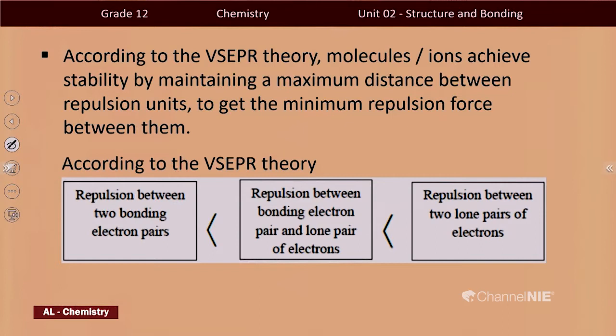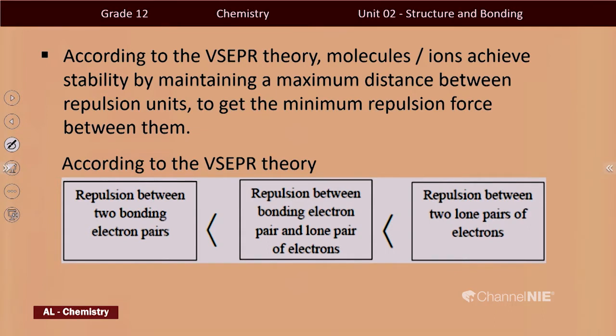According to this theory, now, there are 2 types of electron pairs, which means 3 types of repulsions. We can identify those 3 types of repulsions like this.